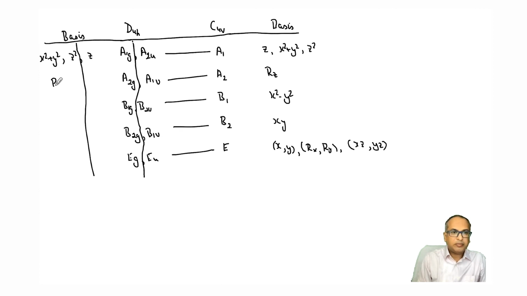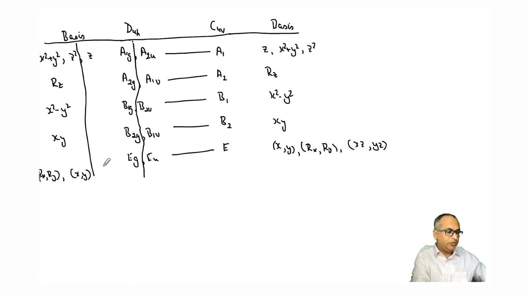So RZ, then you have x square minus y square, then you have xy, then you have rx, ry, and xy, and also for EU, what is the basis? Let me see. D4H. For EG, it is, so sorry, this one is XZ, YZ. And EU, it is XY.